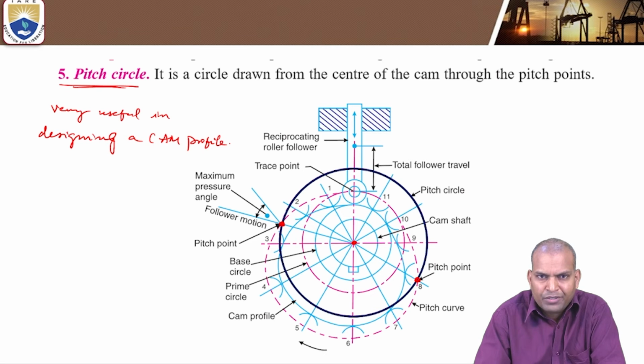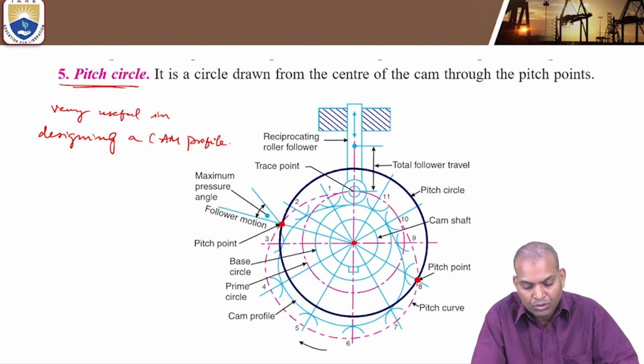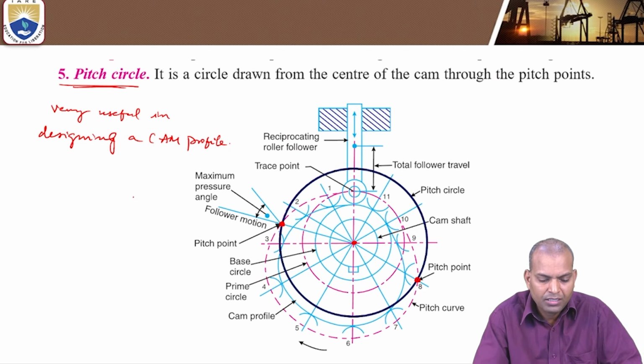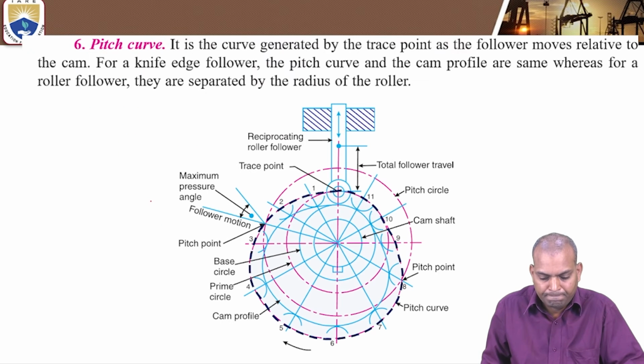It is the angle between the direction of the motion of the follower and the normal to the pitch curve. That is the definition of pressure angle, pitch point and pitch circle. So this pitch circle is so important.